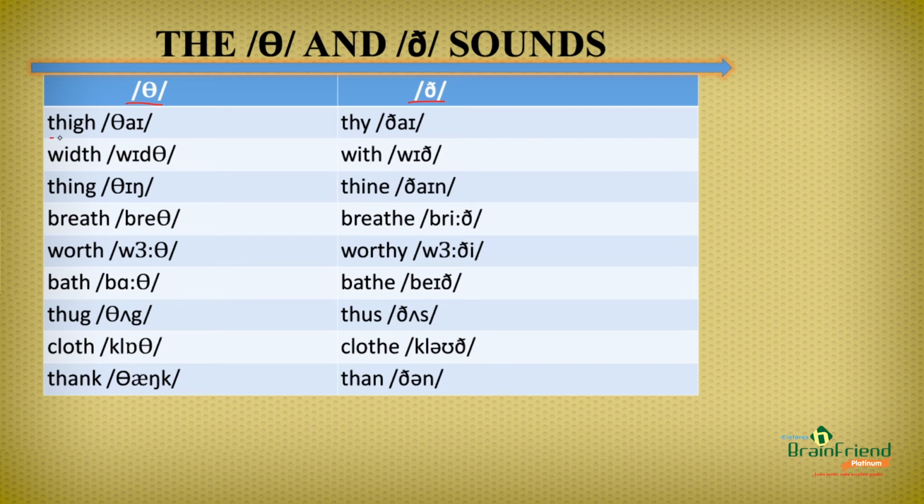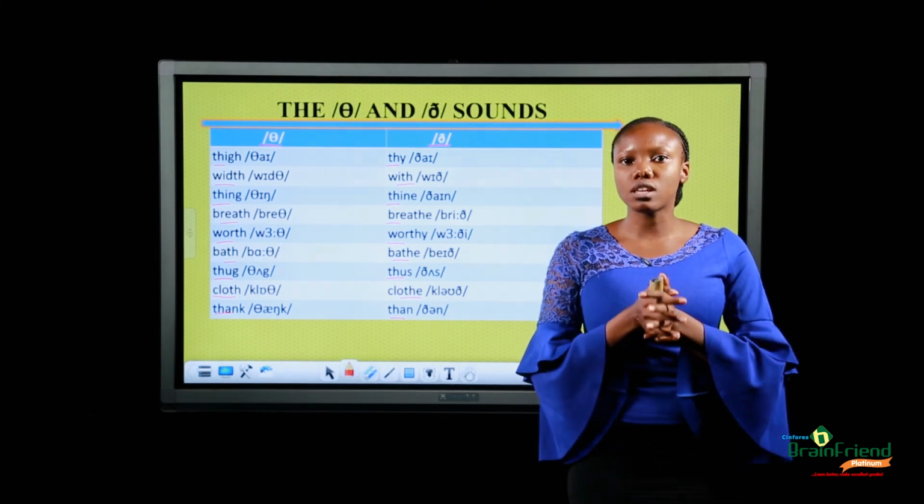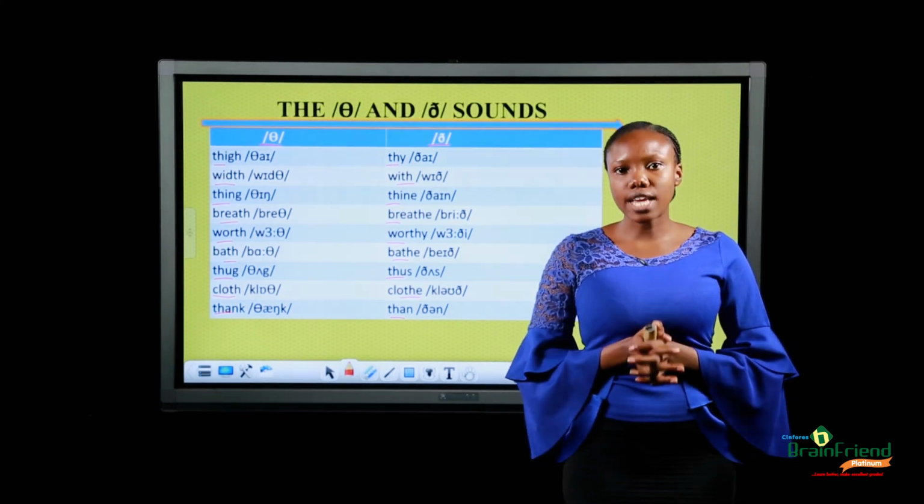We have thigh, die, with, weed, think, thine, breath, breathe, worth, worthy, bath, bathe, thug, does, cloth, clothed, thank, and finally, than. With this, I hope we can now differentiate between the th sound and the t sound.